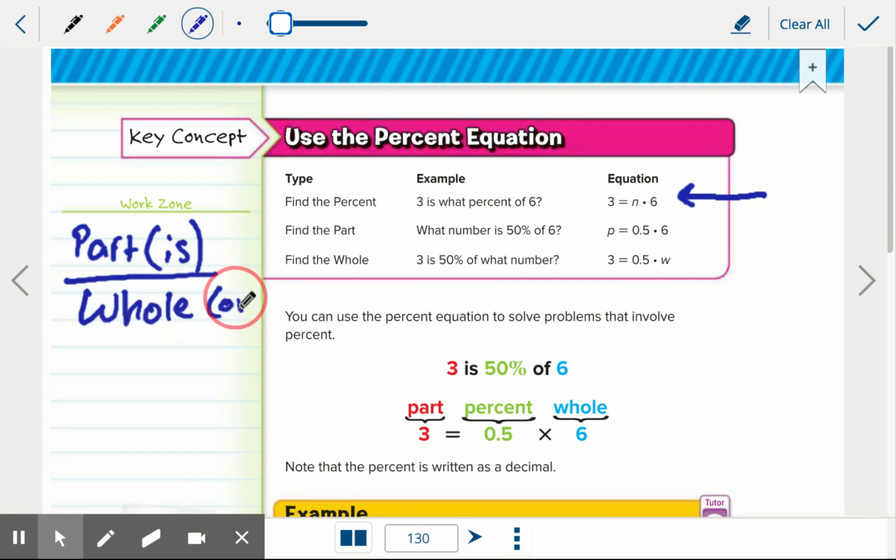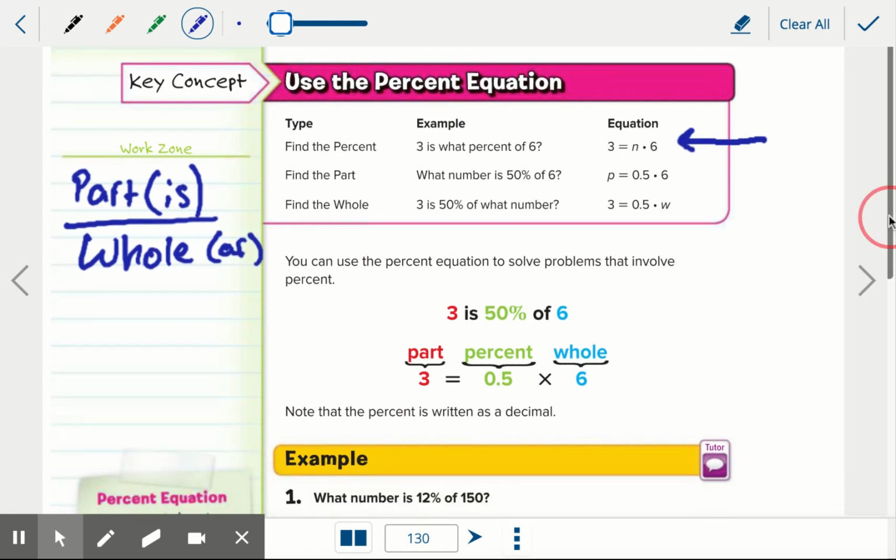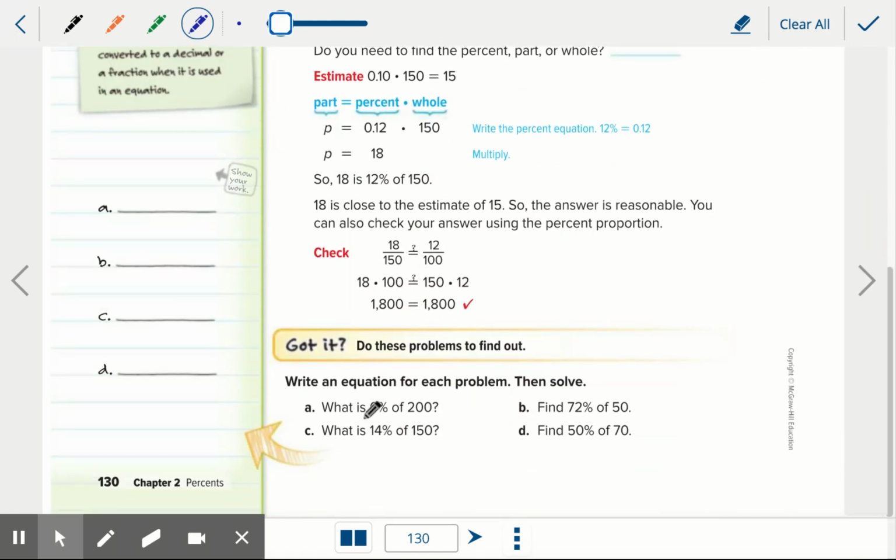That's because the part is the percentage and the whole is what it's out of. So part refers to the is and the whole is referring to what it's out of. Okay, so going down here, what is 6% of 200?